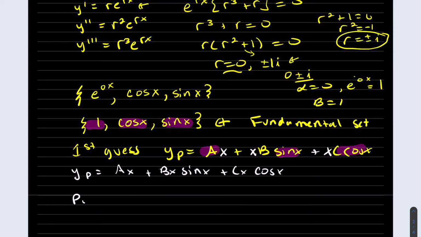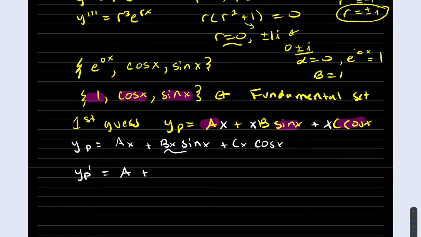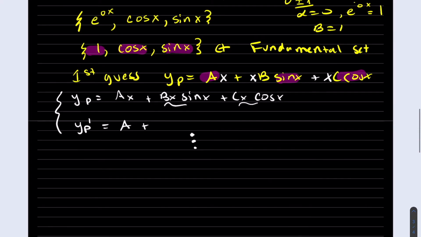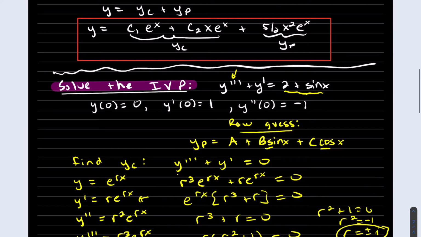We've got to plug it in. We have to take the product rule both times, and this is going to be a little bit messy. Then we plug it in and equate coefficients. I'm going to skip all the steps and tell you the answer. You can do the work on your own and check it.